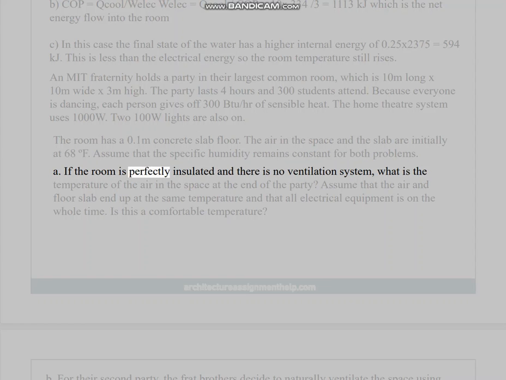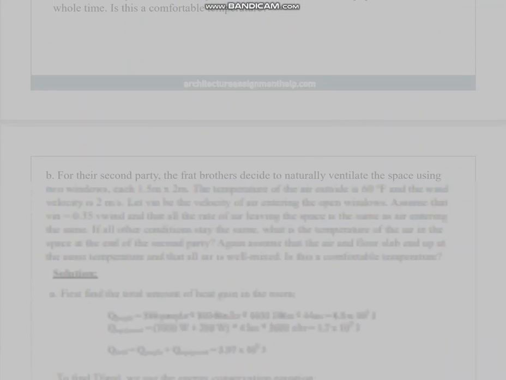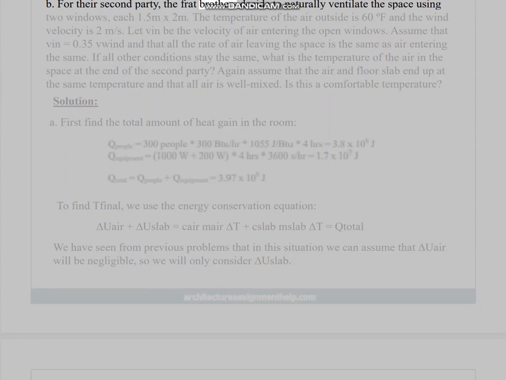A. If the room is perfectly insulated and there is no ventilation system, what is the temperature of the air in the space at the end of the party? Assume that the air and floor slab end up at the same temperature and that all electrical equipment is on the whole time. Is this a comfortable temperature? B. For their second party, the frat brothers decide to naturally ventilate the space using 2 windows, each 1.5 m x 2 m.